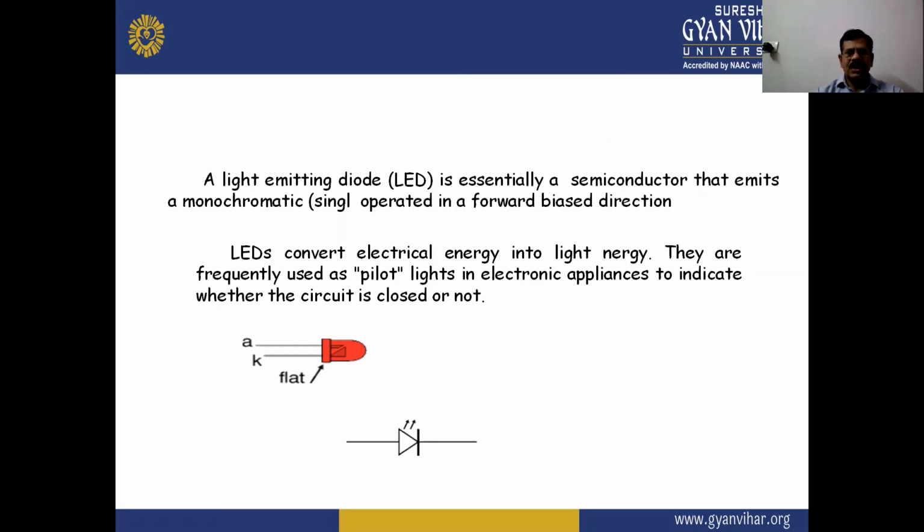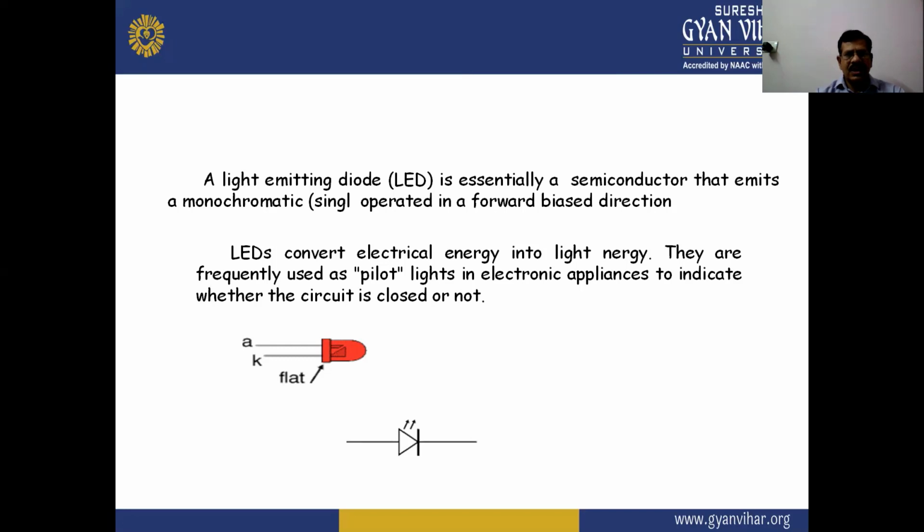A light emitting diode is essentially a semiconductor that emits a monochromatic signal and operates in the forward bias direction. We know that the diode or LED operates in the forward bias condition, and in the LED the energy is emitted in the form of light, so the LED converts electrical energy into light energy.